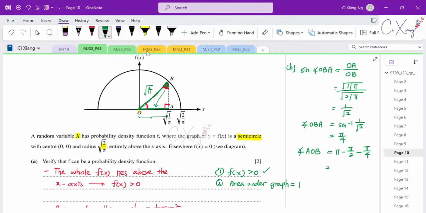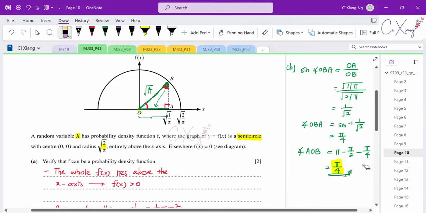So from here, you get the angle, which is pi over 4. So this is what they want us to show, right? This is what you have for part B, the first section, to prove the angle AOB equals pi over 4.